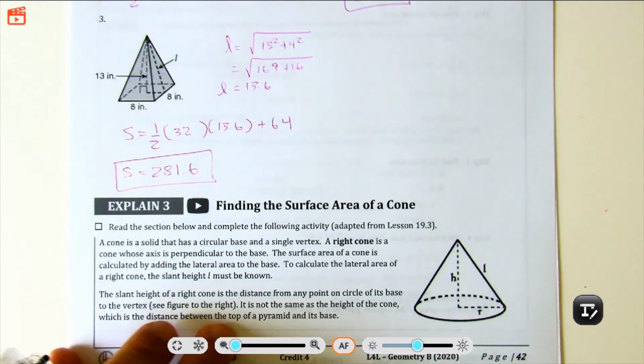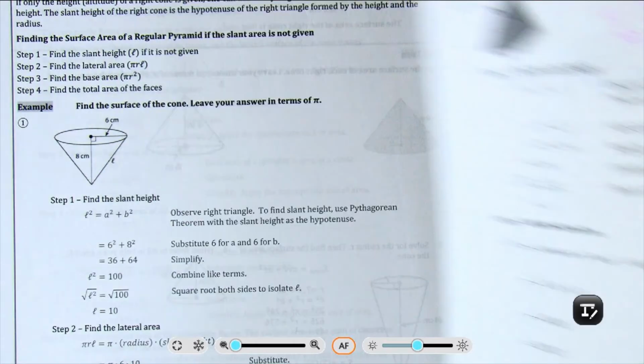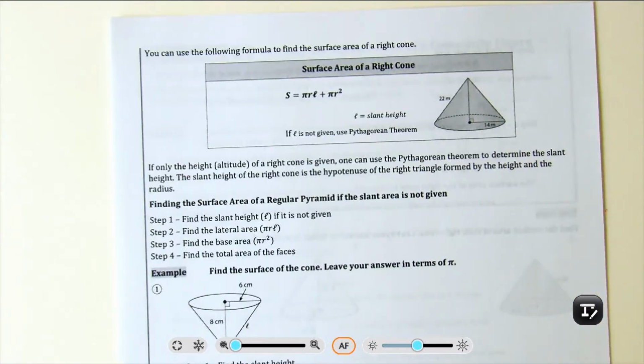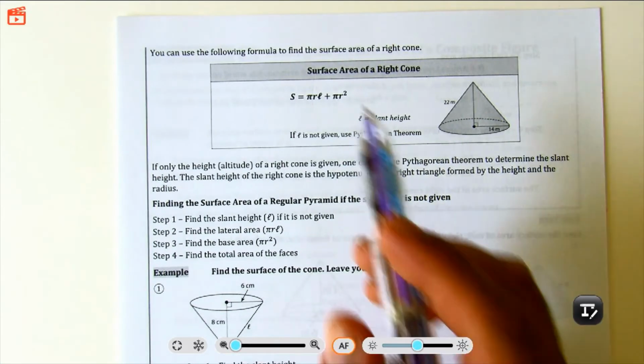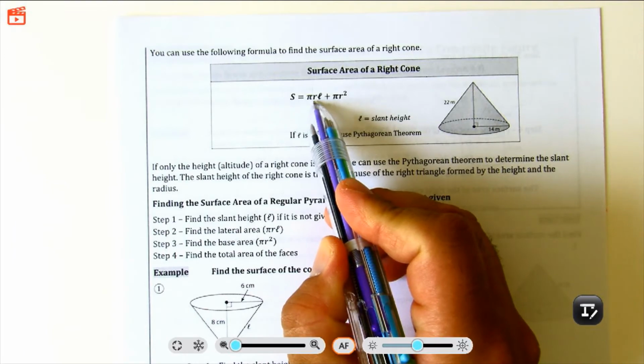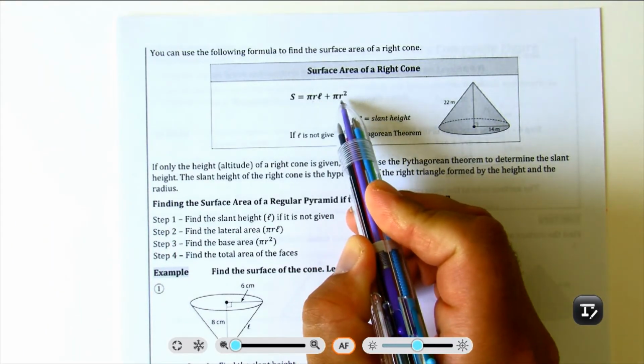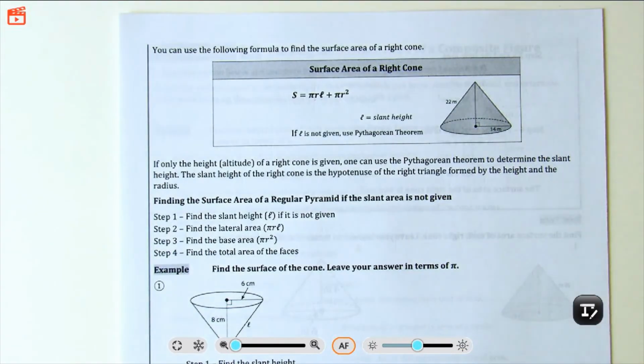And the formula that we're going to be using is this one here: pi r times the slant height plus pi r squared. So if we know what the radius is and we know what the slant height is, we can solve this problem.